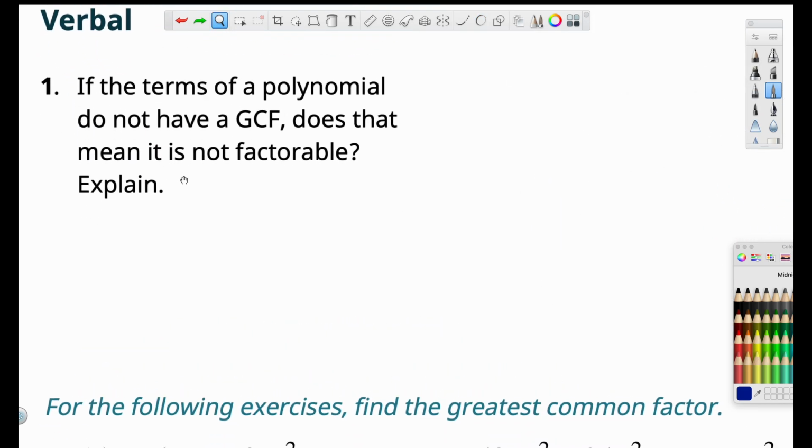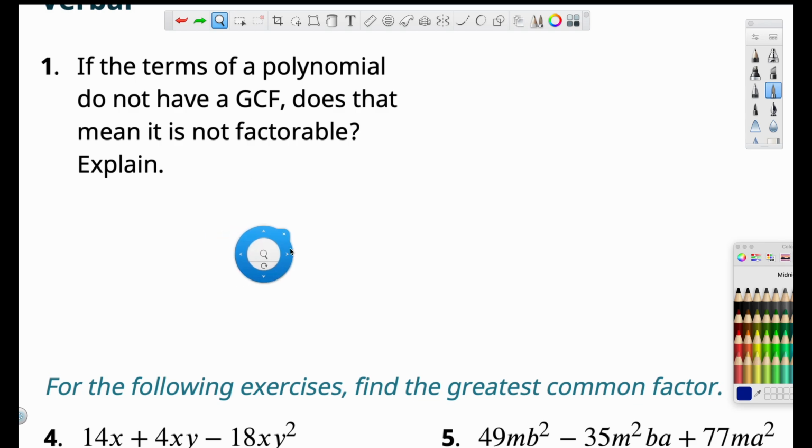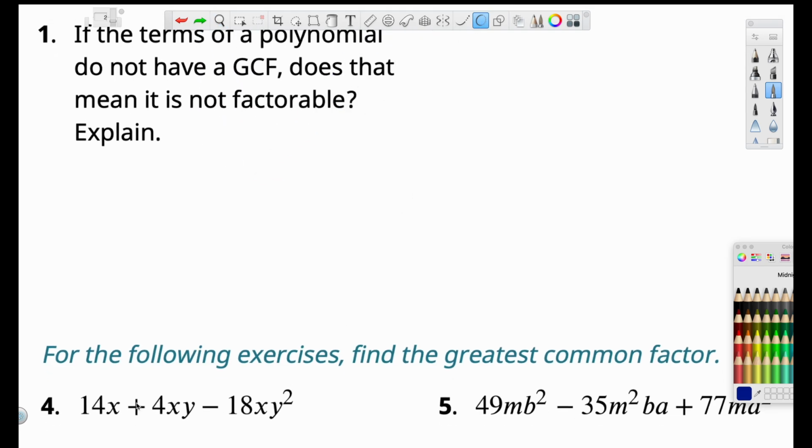If the terms of a polynomial do not have a greatest common factor, does that mean it is not factorable? At first you might think, well, if it doesn't have a common factor like in number 4 down here, that it's not factorable.